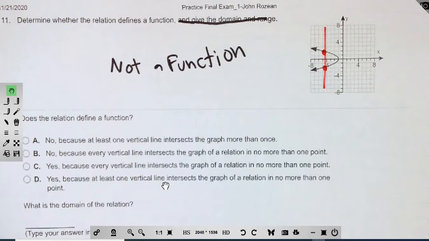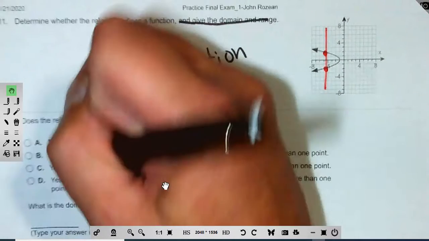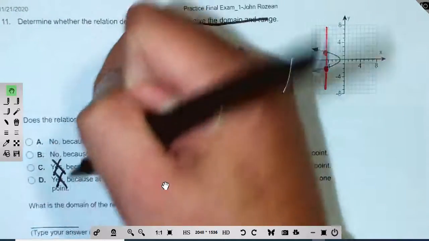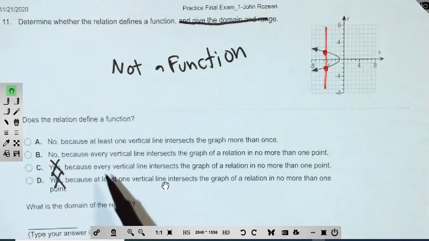Since it's not a function, I know the yes choices are out. And notice that A and B really just describe the vertical line test.